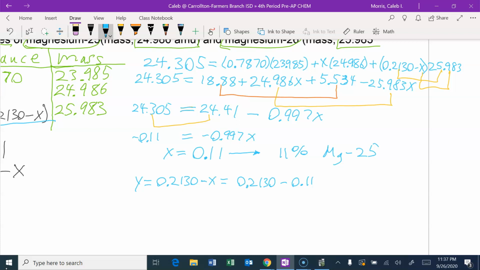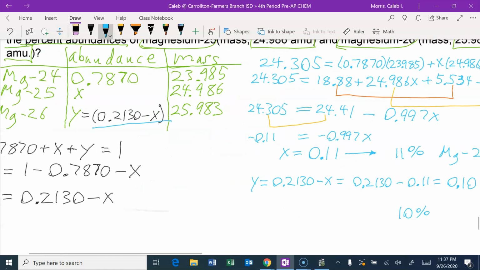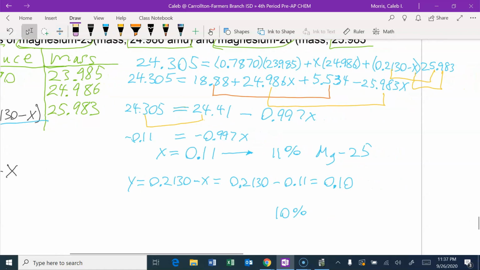It ends up being 0.10, which, as you know, is 10% written as a decimal. So it would be 10% magnesium 26.